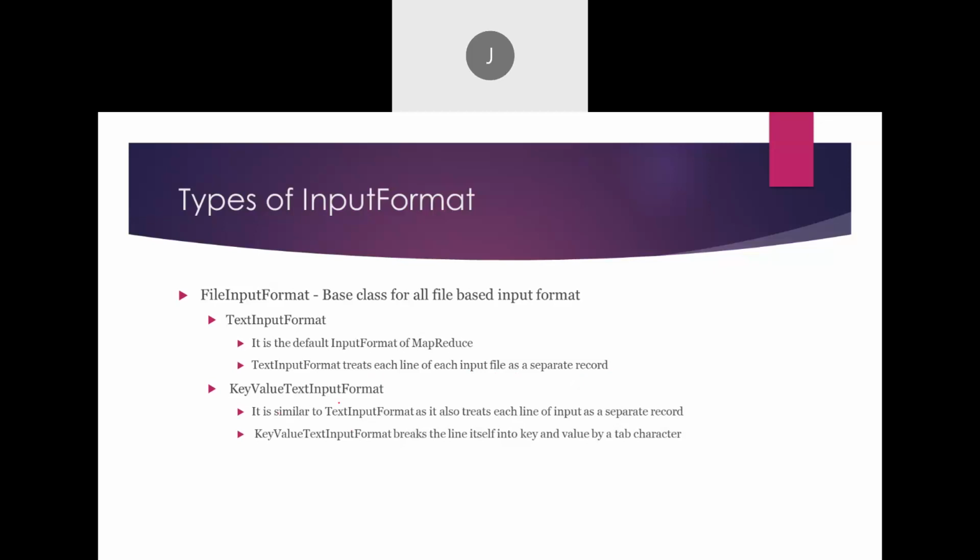Then KeyValueTextInputFormat is similar to TextInputFormat. It treats each line as a separate record and breaks the line itself into key and value by a tab character. The complete line it will break and convert into a key value pair.